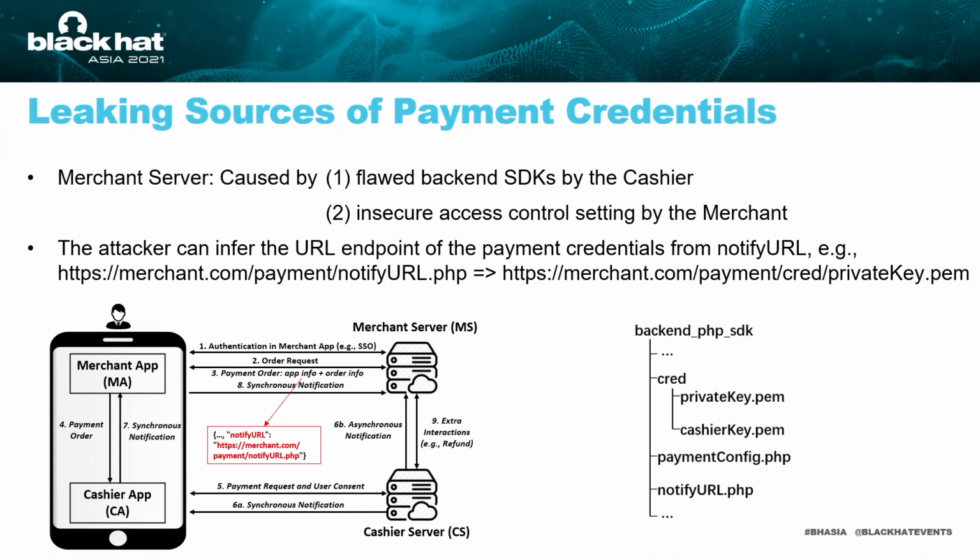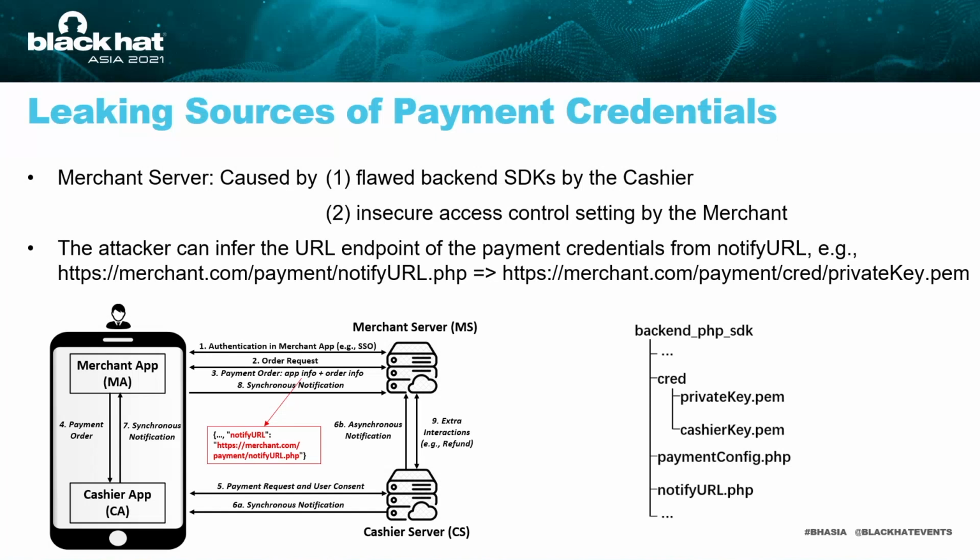The figure here shows the structure of a flawed SDK. To be specific, the script file notify_url.php is responsible for processing the asynchronous notification mentioned above. Meanwhile, the configuration file, namely payment_config.php, sets the payment key to a static file, in other words, private_key.pem. What's more, this SDK does not restrict the access to this static key file by default.